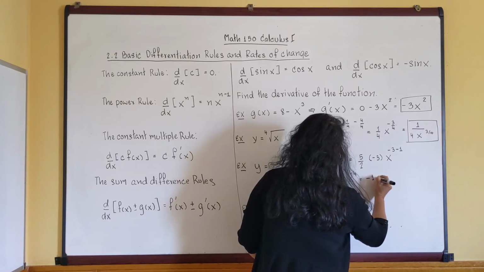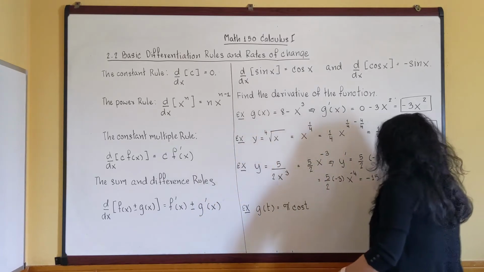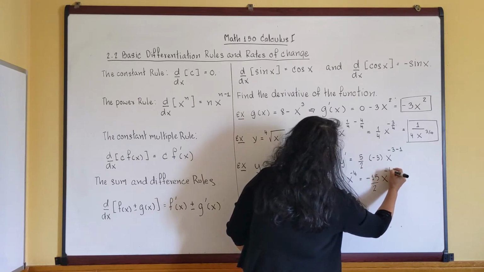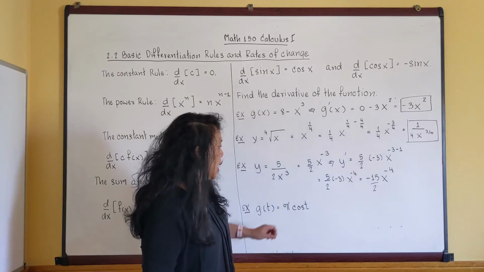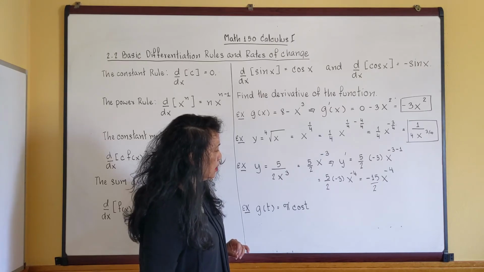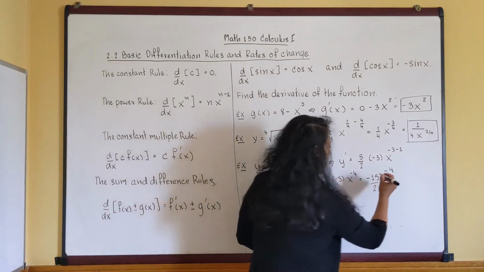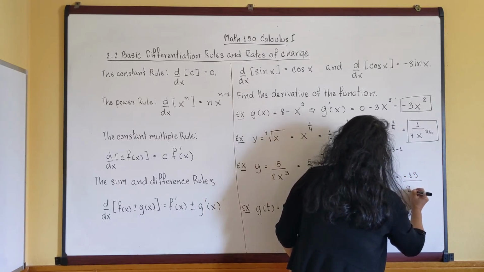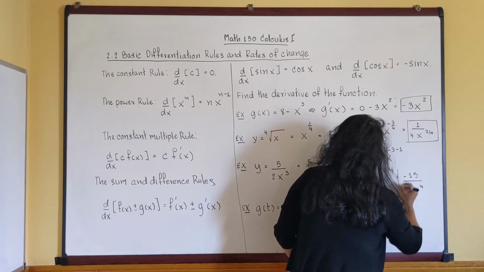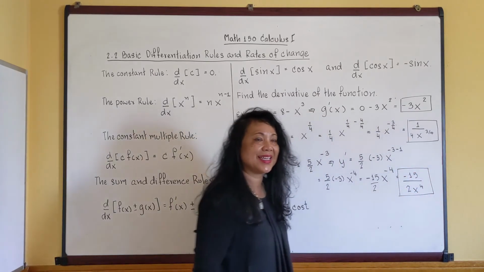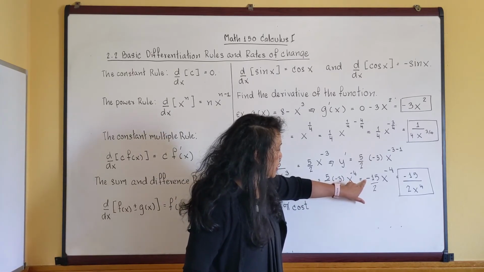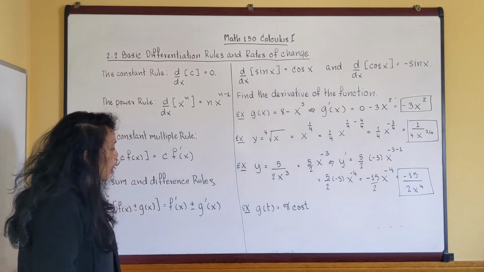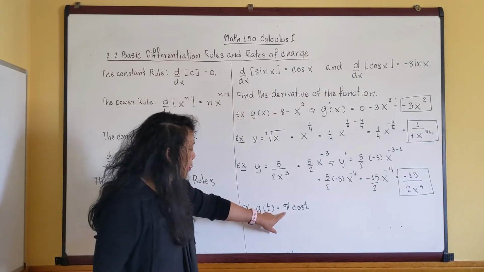That is negative 15 over 2 x to the negative 4. I would like to keep my exponent positive, so it's going to be negative 15 over 2 x to the 4th. The negative can be with the 15, with the 2, or up front. That's the same thing.